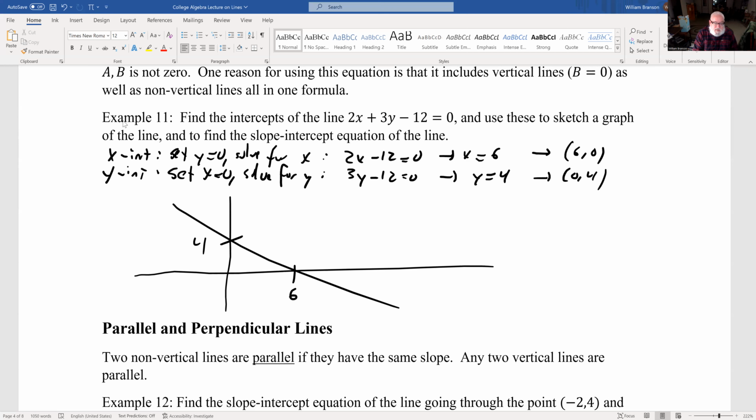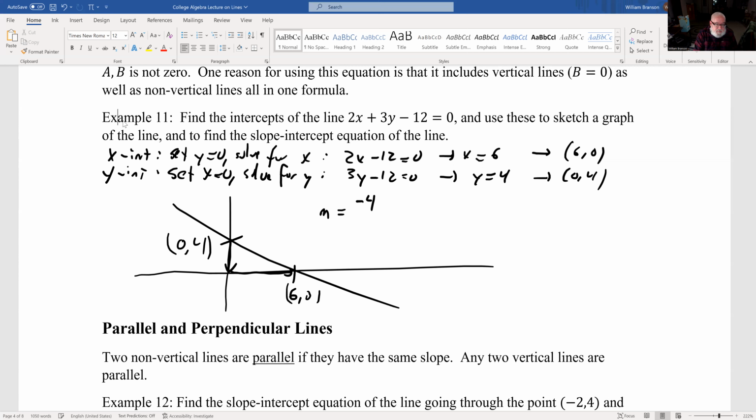So what's the slope-intercept equation for this? Well, m is actually easy to find, right? Because this is the point 0, 4. This is the point 6, 0. So if we're doing y1 minus y2 over x1 minus x2, you can set that up, but it's easier just to see that we're going down 4 and right 6.